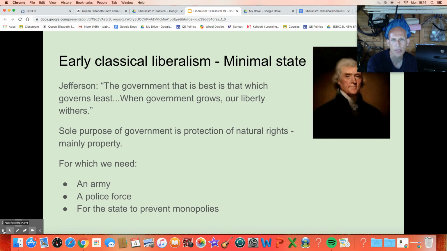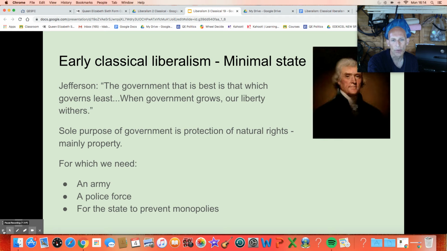And he was thinking about the British government that he'd got rid of before, which had taxed people without their consent, which had interfered in the way in which they traded with each other. And he was particularly worried about the new American government if it was going to stop him from making money in the way in which he wanted, and in the business of how farmers like him in Virginia went about determining themselves and reaching their own goals.